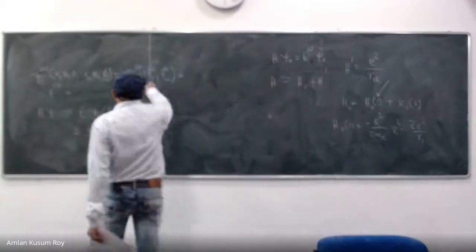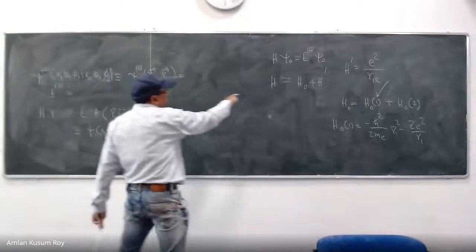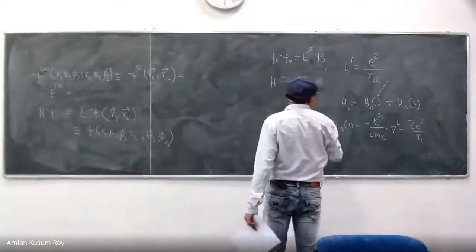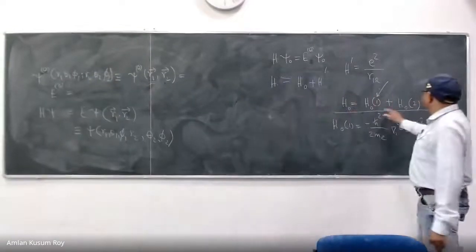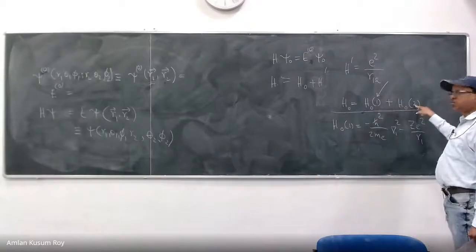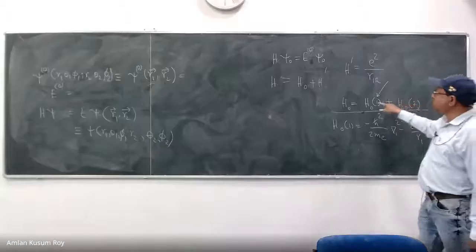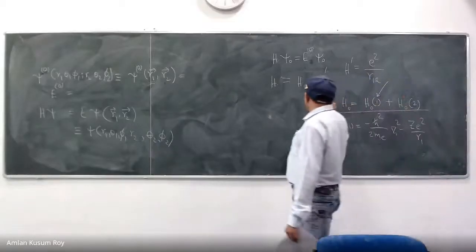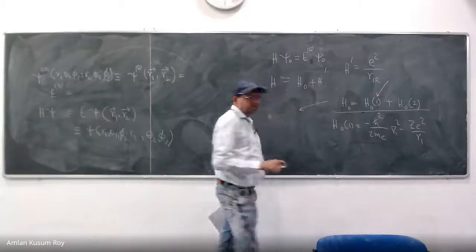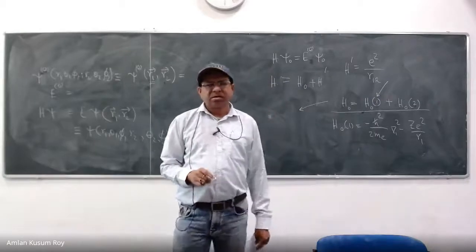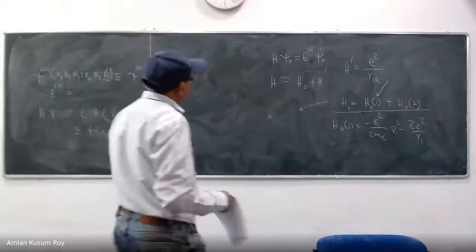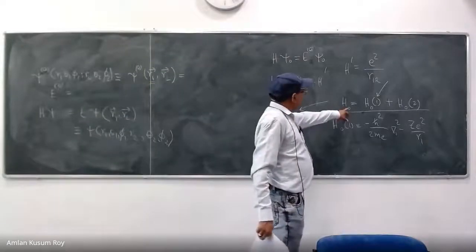So psi 0 (r1, r2), my Hamiltonian is H0 plus H prime, sorry, H0 is this, H01 plus H02, right? So what should be my psi 0 and E0? Psi 0 and E0 come from which H? Sir, the total H0. There is only one H0. Yes, H0 means this one.